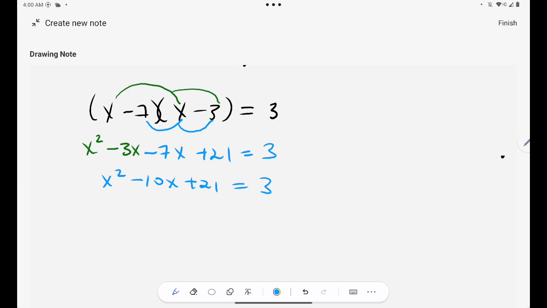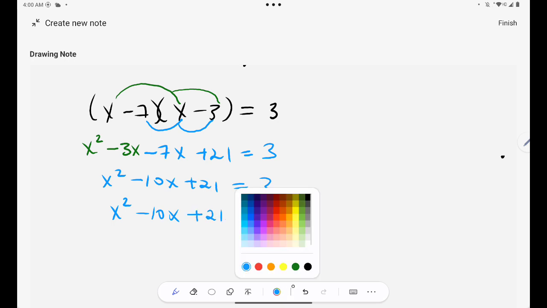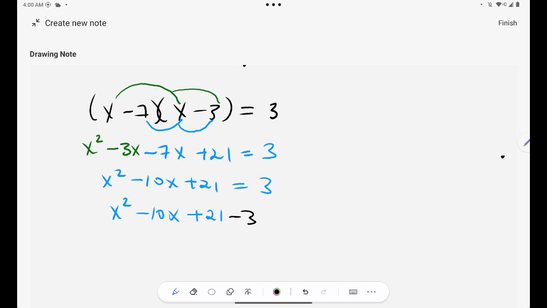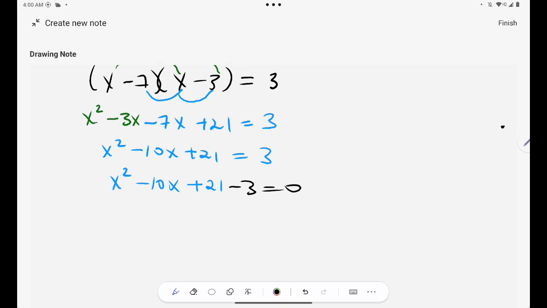Now I don't have fractions, surds, brackets. The next step is to put everything in standard form. I have x squared minus 10x plus 21 minus 3. Whenever a 3 jumps the equal sign, it changes its sign. So x squared minus 10x plus 18.